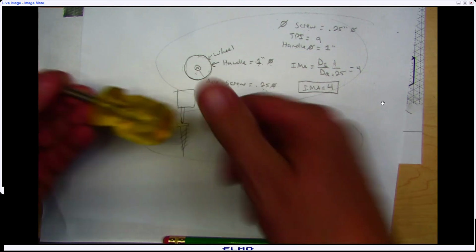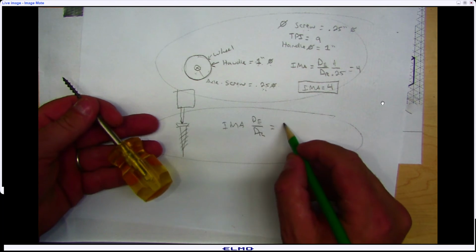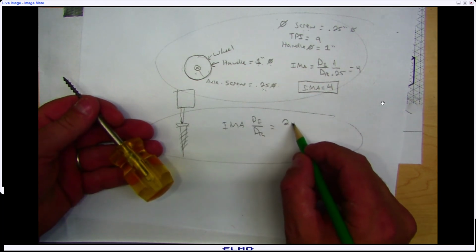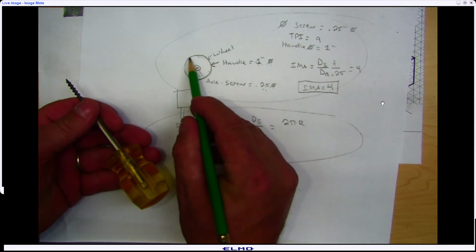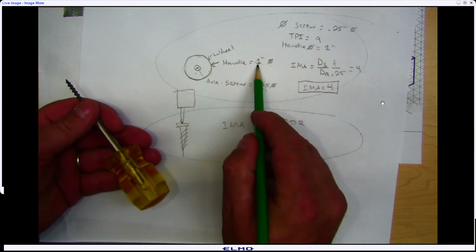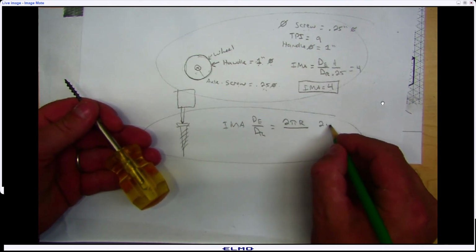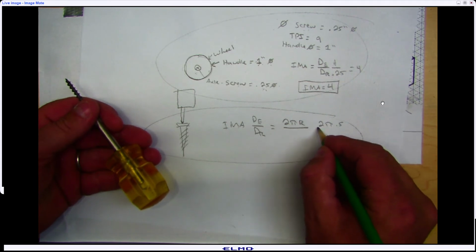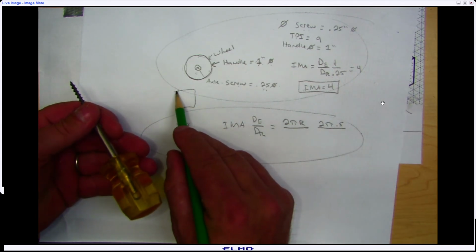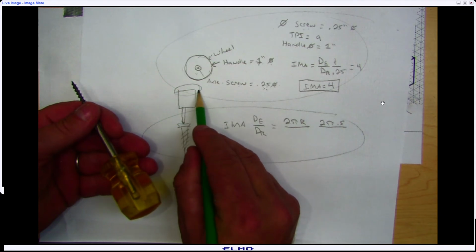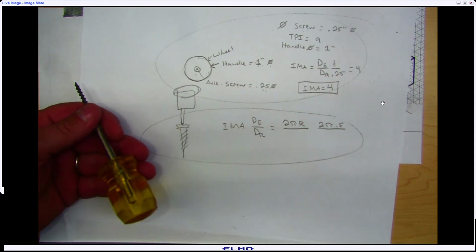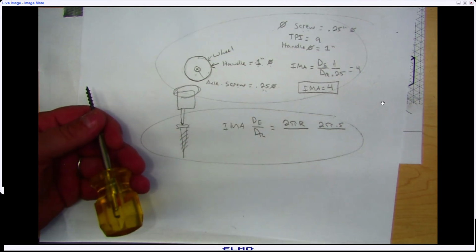One full turn. So my distance of effort is the circumference, 2 pi r, of that whole circle. The radius would be 0.5, so 2 pi times 0.5. That's the full, complete circle I travel to rotate it one time.